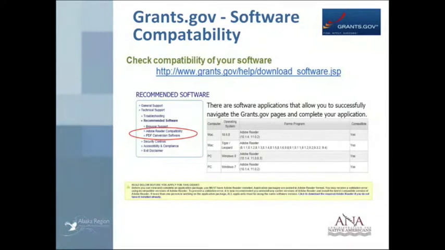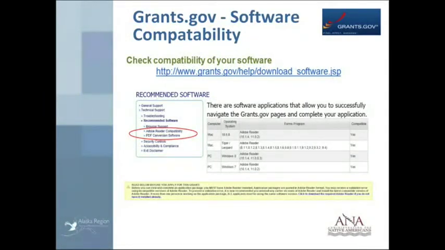The other software issue that you need to be thinking about, not just your web browser that you're using, Internet Explorer, but also the whole Grants.gov package is an Adobe software package, and you have to have a compatible version of Adobe Reader in order to avoid any problems or minimize any problems with errors or validation errors cropping up.